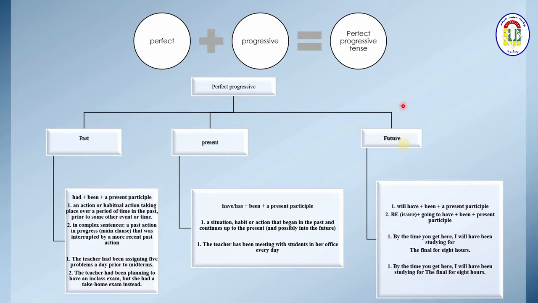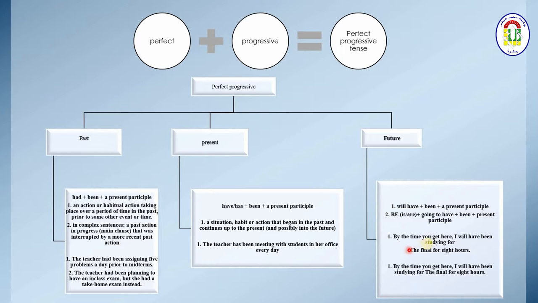Let's move now to the future perfect progressive. It is will have plus been plus present participle, or is or are plus going to have plus been plus present participle. It is a bit complicated.